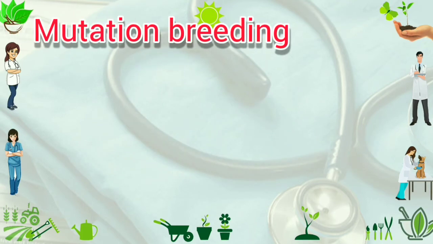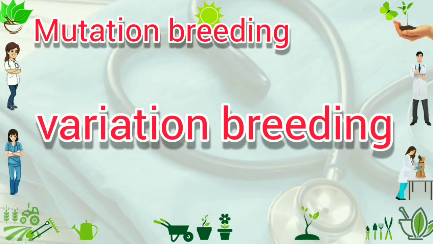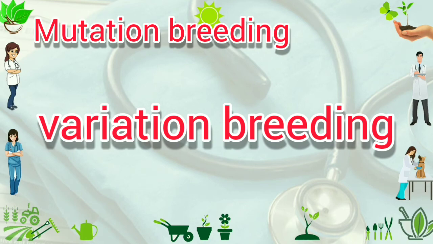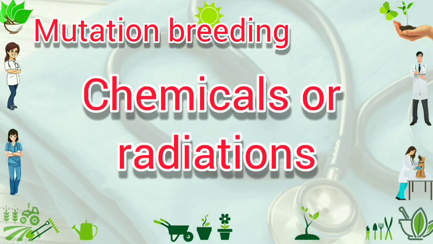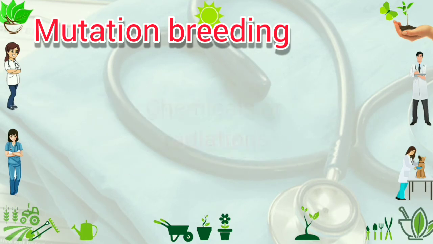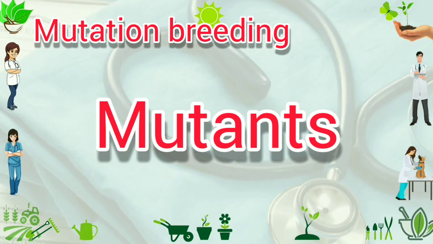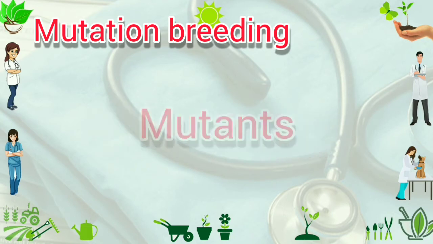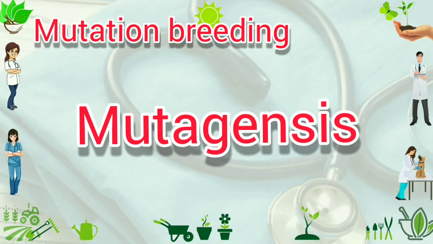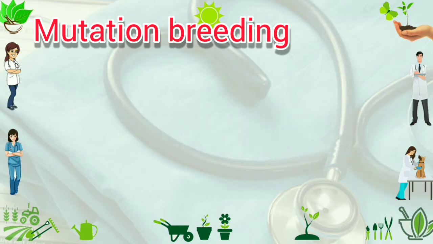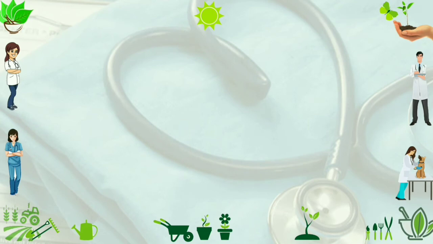Mutation breeding is otherwise referred to as variation breeding. It is a process of exposing seeds to chemicals or radiations in order to generate mutants with desirable traits to be bred with other cultivars. Many plants are created using mutagenesis, and such plants are called mutagenic plants or mutagenic seeds.